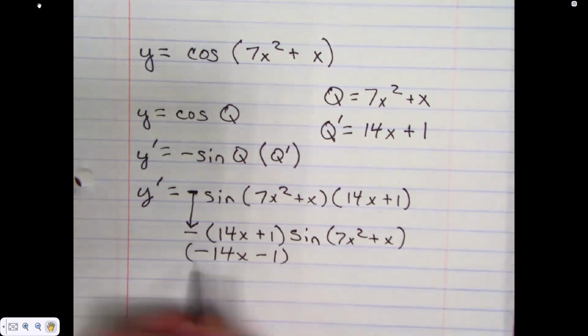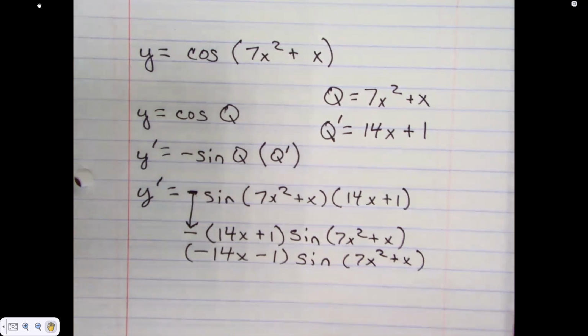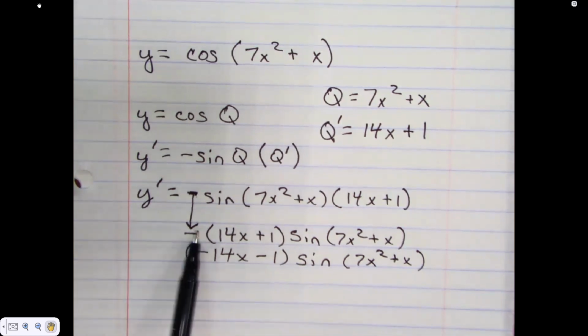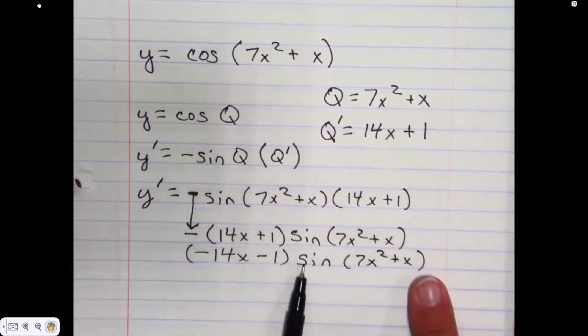But you'd still need the parentheses to show that quantity times the sine. So all three of those are fine. Even if you distribute, you have to show that it's this group times the sine, so you would still need the parentheses.